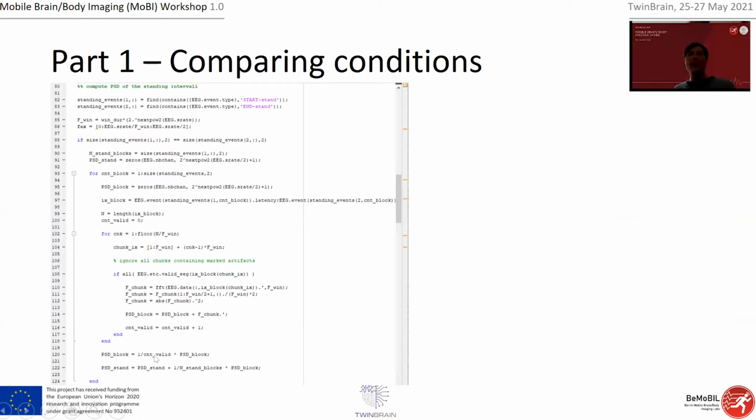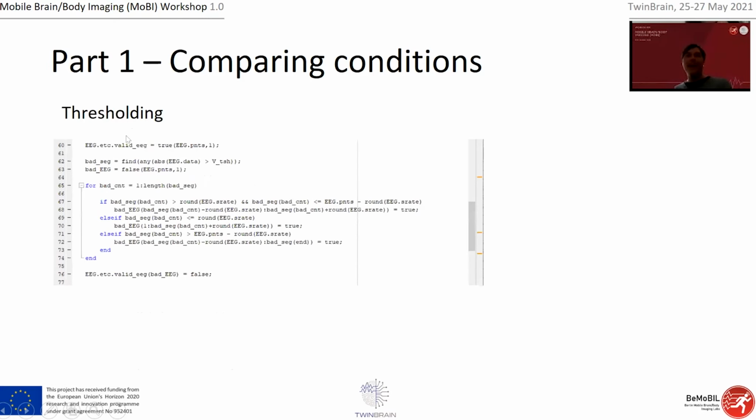And the reason why it's a bit complicated, and it's not just, you know, pwelch, using Welch's method on the range of this block, is because we have these thresholded bad events. If you would just do a power spectral density analysis including these bad epochs, that doesn't help. And if you cut them out, you have jumps in your signal. That's not good.